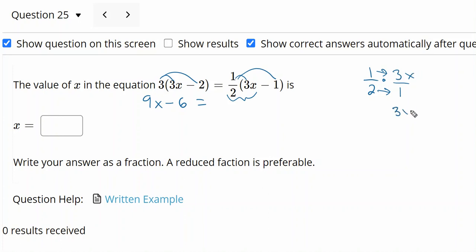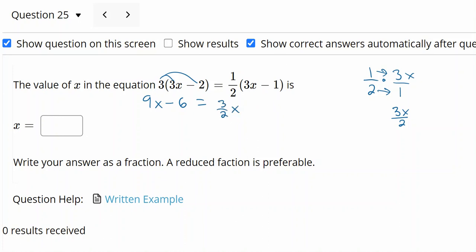That would be 3x. And then 2 times 1 is 2, so it's over 2. Do you see how you could almost just piece that together? Right off the bat, you're like, okay, the 3x is in the numerator, it's up in the top, like 3/1. So 1 times 3 is 3, and then the 2 is on the bottom. So you didn't even really have to write that out. That was pretty straightforward.